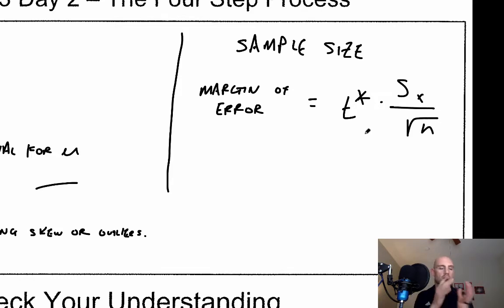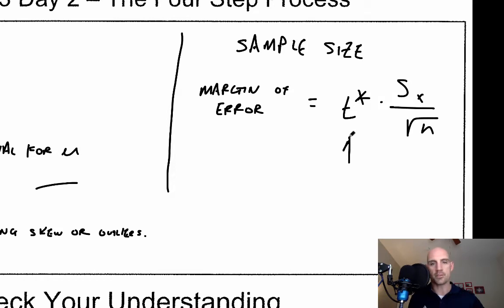And that in our previous formula was what was plus or minus. So we're going to have that x bar, which is our point estimate, and then our t star is our critical value times our standard deviation, factoring in our sample size. That's our margin of error.